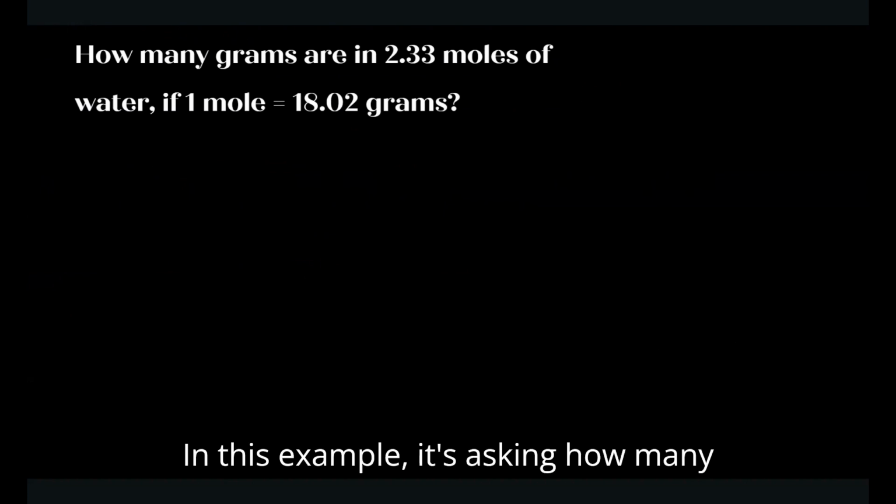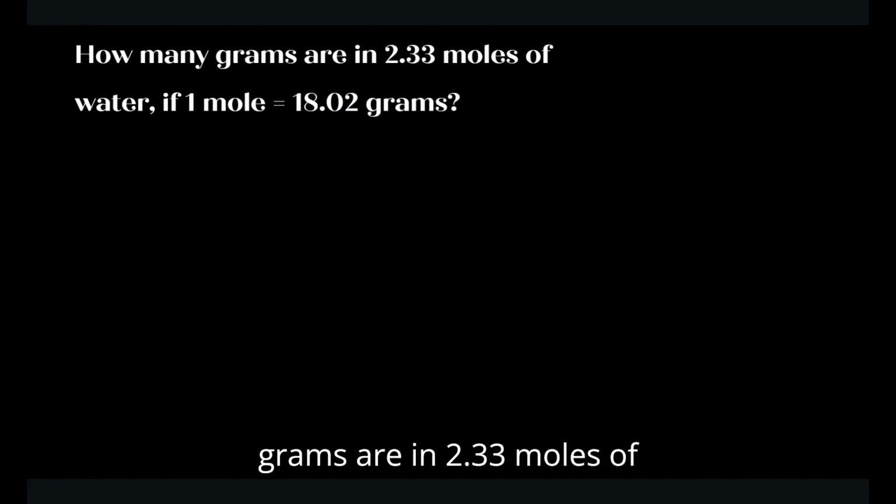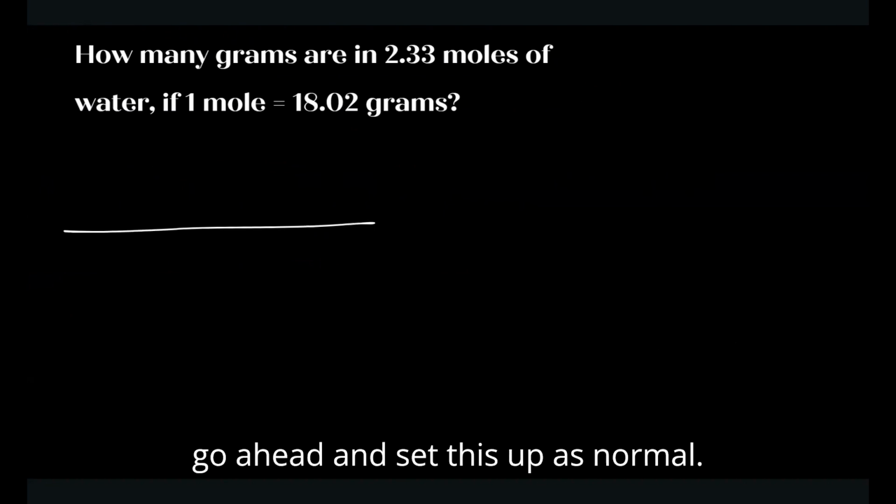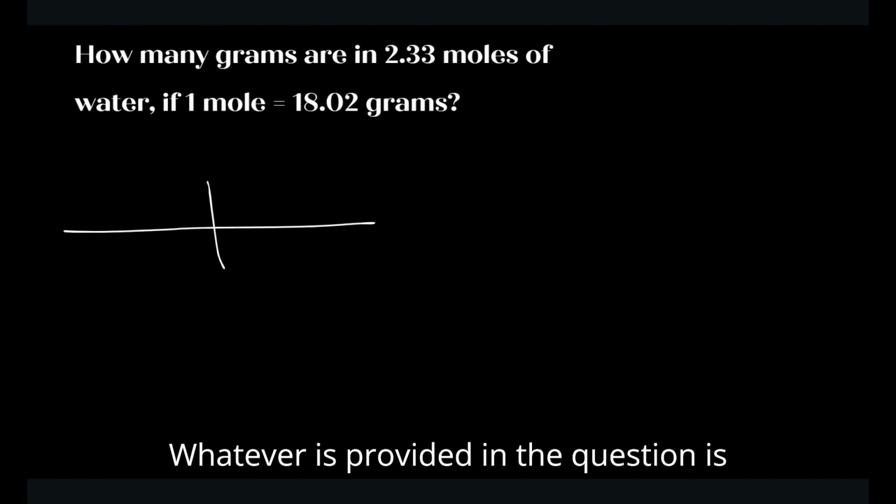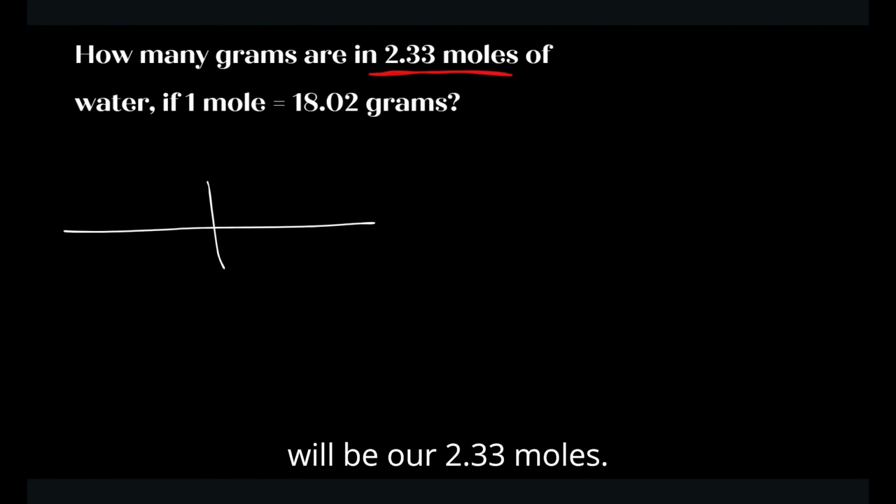In this example, it's asking how many grams are in 2.33 moles of water if 1 mole is equal to 18.02 grams. We're going to go ahead, set this up as normal. Whatever is provided in the question is going to be what we start with, which will be our 2.33 moles.